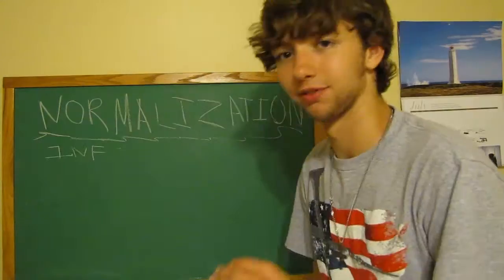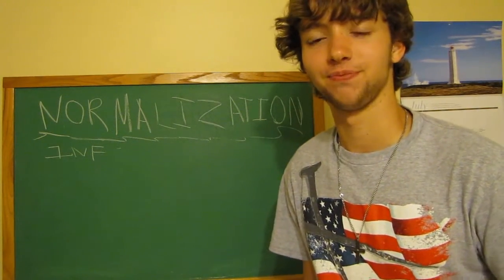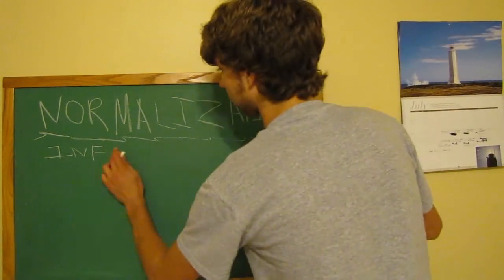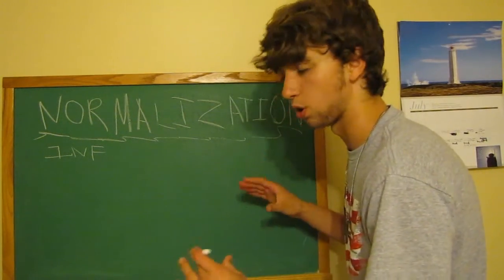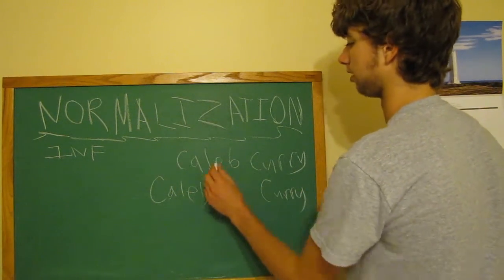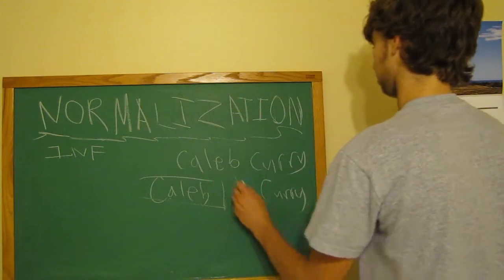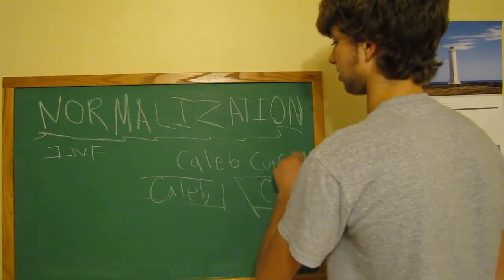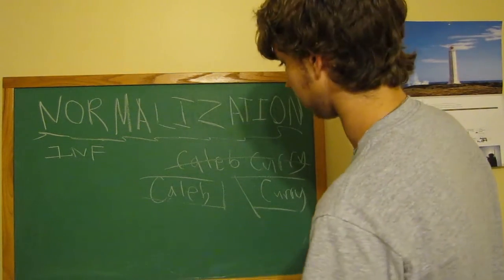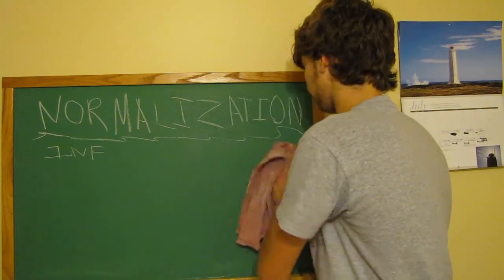Alright, sweet. First normal form is getting rid of extra data and making sure things are atomic. If you don't remember what atomic is, that means it's as small as it can get. This one's atomic, this one is not atomic, because these are separate, and this is not. Obviously, you can decide what needs to be separated and what doesn't.